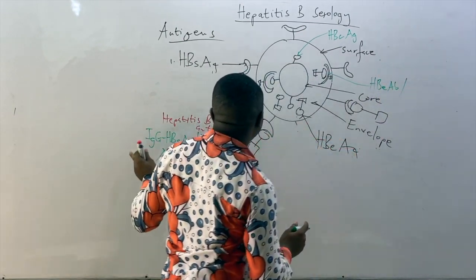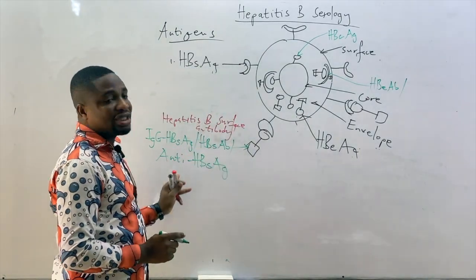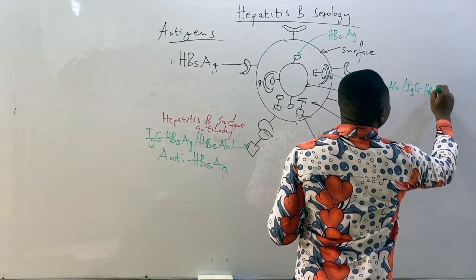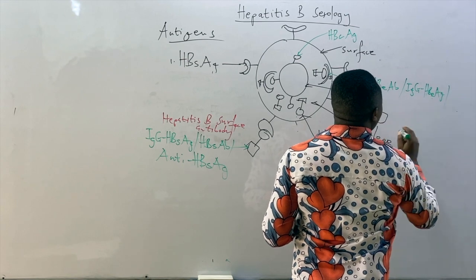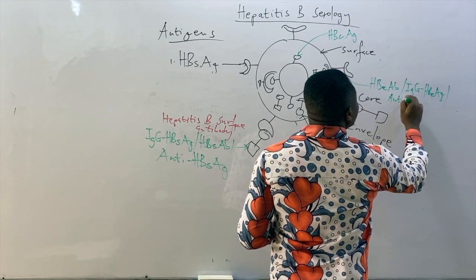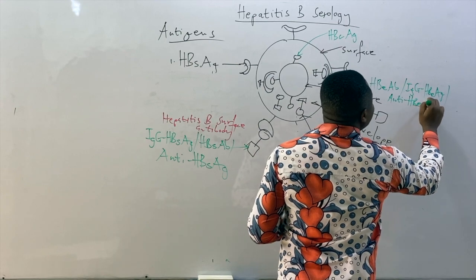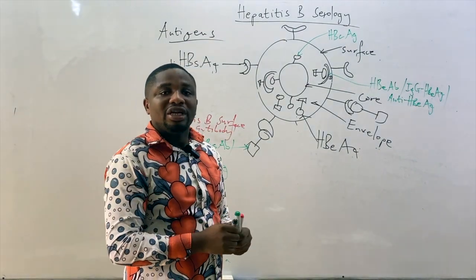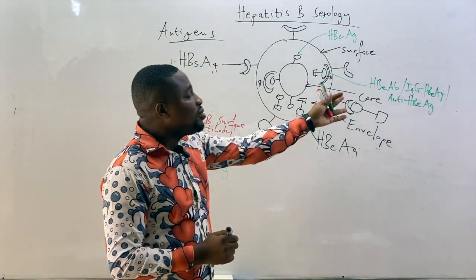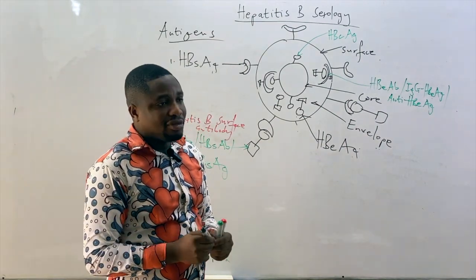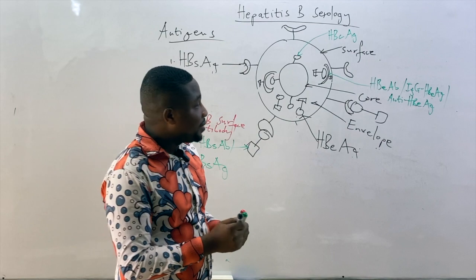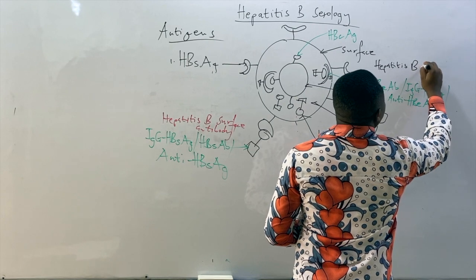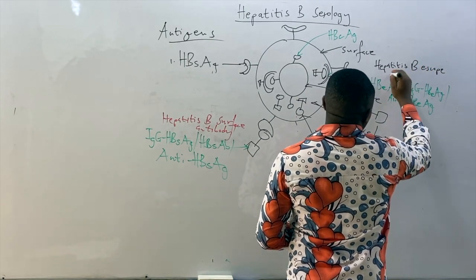Or again, as we represented here, we can put it in several forms: immunoglobulin G against hepatitis B e antigen, or anti-hepatitis B e antigen. Those are the three forms, just like we did for the hepatitis B surface antigen, the same way we are doing for hepatitis B e antigen with regards to the antibody. So this we can call hepatitis B e or envelope antibody.